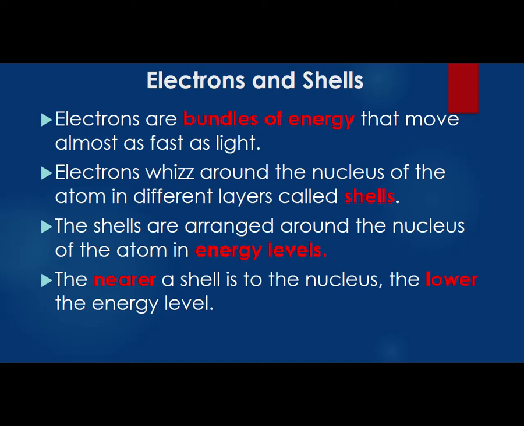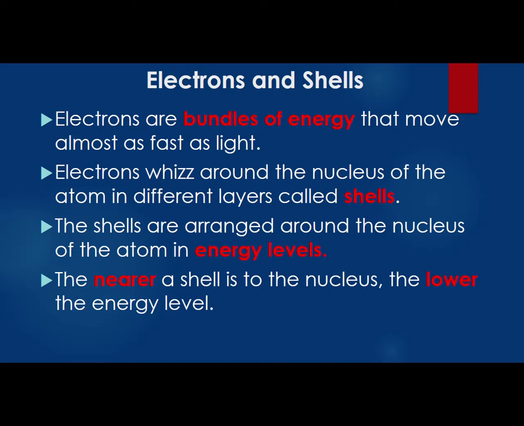So electrons whiz around the nucleus of the atom in different layers called shells. Things resemble the solar system, but actually it is not the same. So they have shells, they have orbits to move around the nucleus.